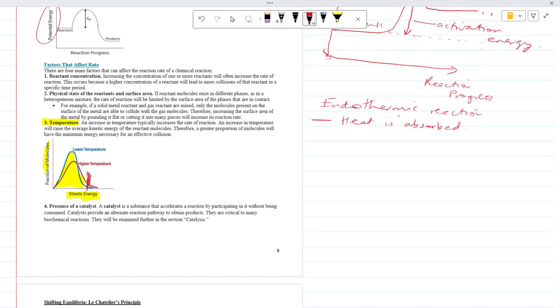But if you increase the temperature, you see the graph becomes a bit broader, the red one.